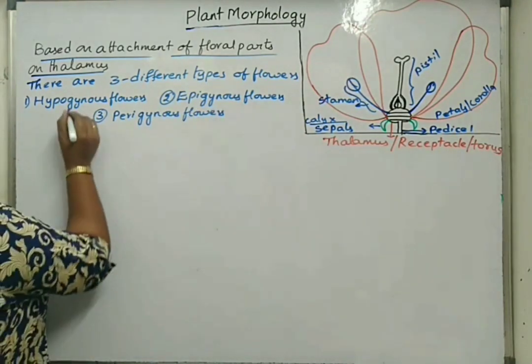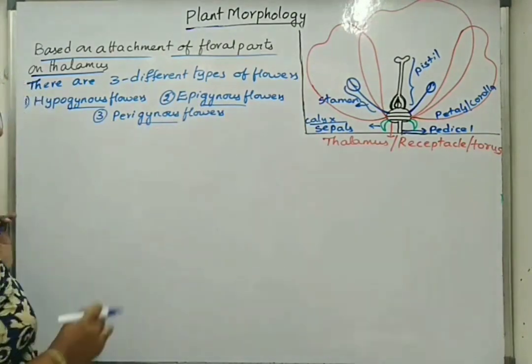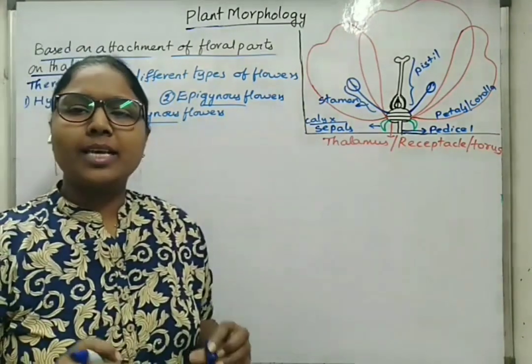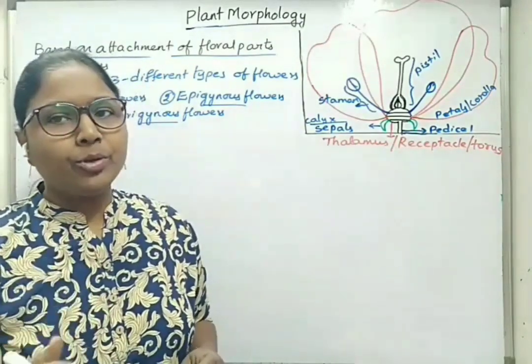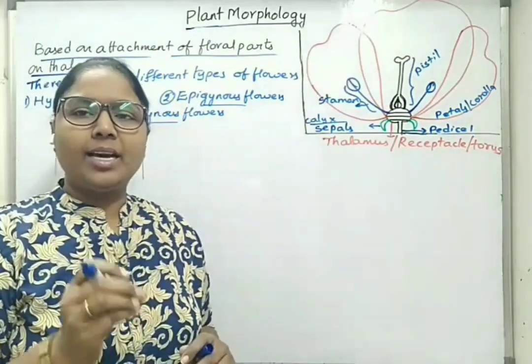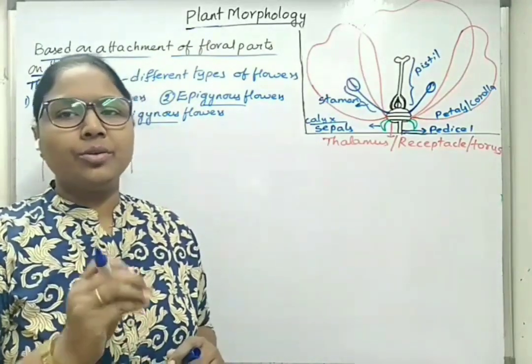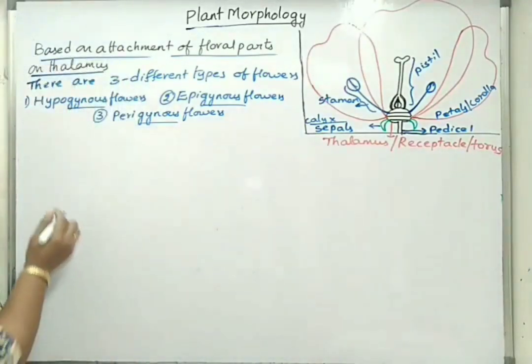Here, commonly we can see the term gynous. It means that if the floral parts are arranged either above the gynoecium or below the gynoecium or on the peripheral side of the gynoecium, terms are given based on position of the floral parts according to the gynoecium position.